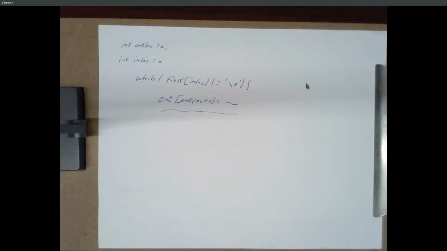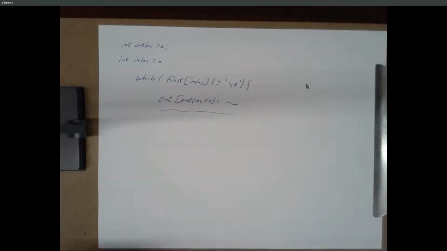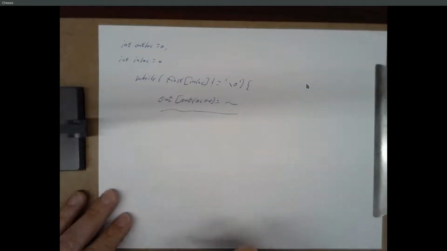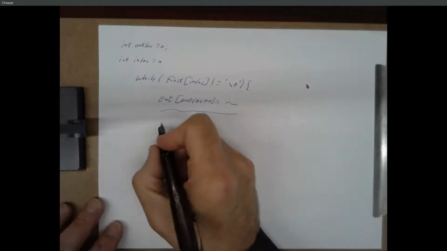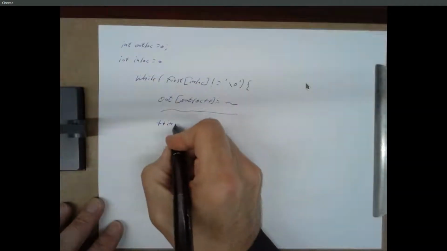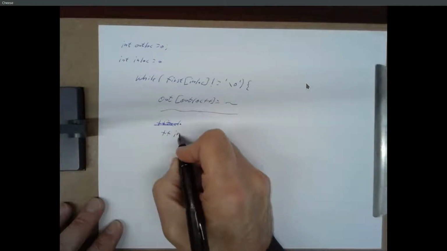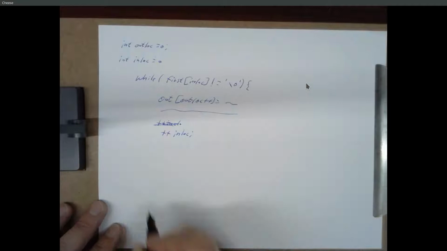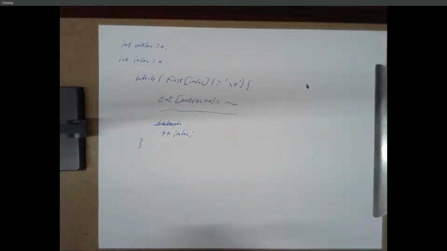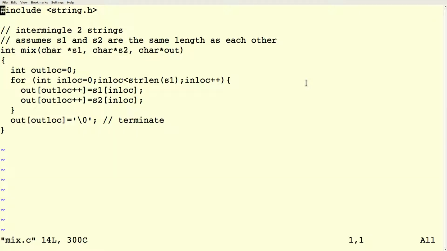Right, and the same thing, out[outloc] is the first string's inloc, and then out[outloc] is the second string's inloc. And then you need to somewhere increment inloc at the end of the while loop. And you could do that as a post increment when you use it down here, if it's in a while loop, or you can just put an inloc plus plus at the end.